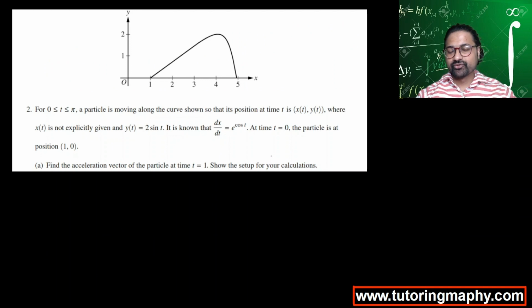This is FRQ number 2 of AP Calculus BC 2023 exam. It's based on particle motion in a plane, so X and Y both are changing over here. It's not a straight line. Let's read the question.